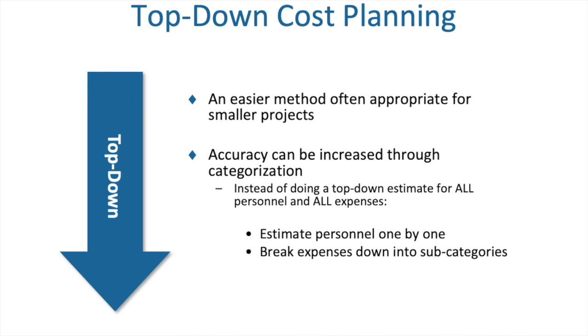Accuracy of your cost estimates can be increased by organizing your items into categories. The categories can simply be personnel or resources, and then other things that we call expenses that support the activities within your project.